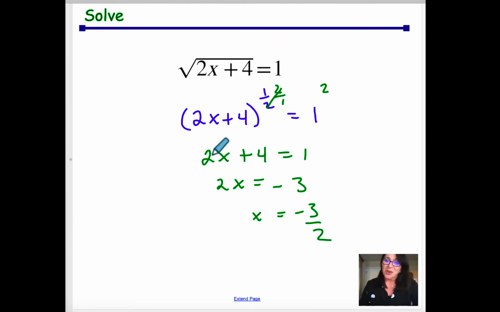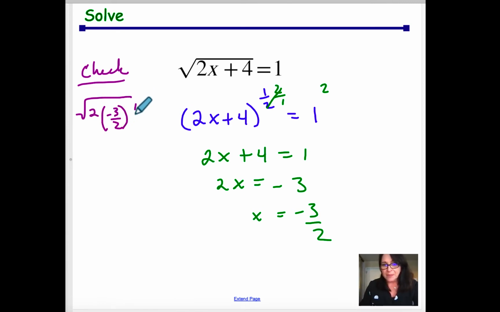All right, so plugging x back into my equation, just to check, and you do need to check, we're going to get the square root of 2 times x. Now, x is -3/2. Add 4. If we have the right answer, we're going to get this equal to 1.